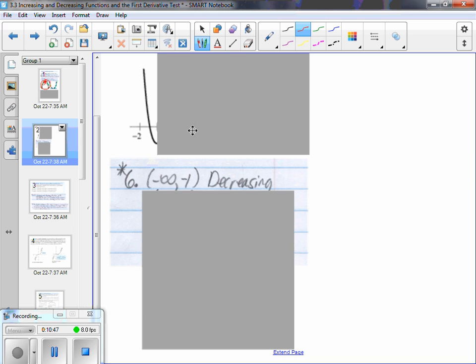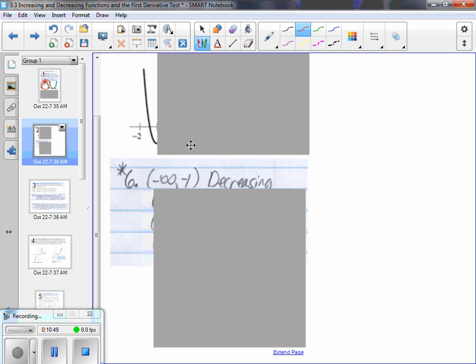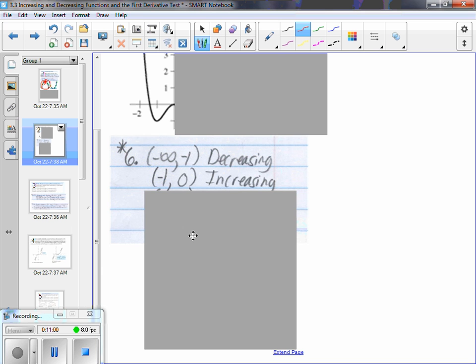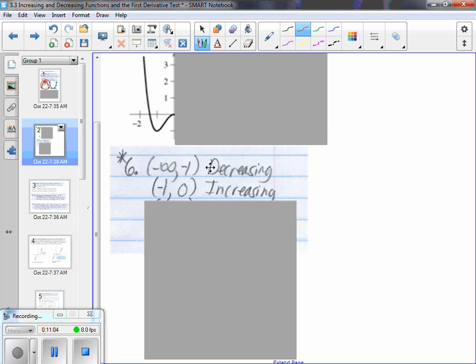So from negative 1 to something, our function's increasing. And what does that something appear to be? Sure looks like 0, doesn't it? So from negative 1 to 0, increasing. And then our graph is going down and to the right, so our function is decreasing again.